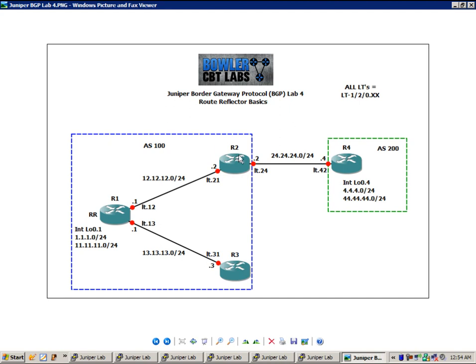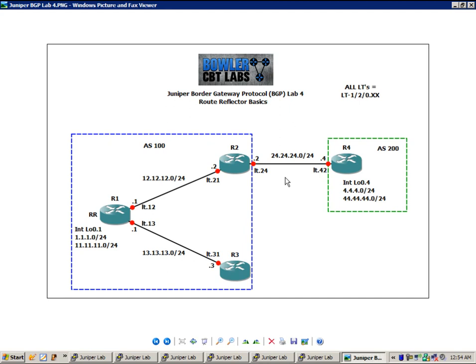In this case, router 2 and router 3 aren't going to be talking to each other via iBGP, but they are going to be talking to the route reflector, which is going to be R1. We're going to see a route come into router 2, go to router 1, and then router 1 is going to reflect this to router 3.